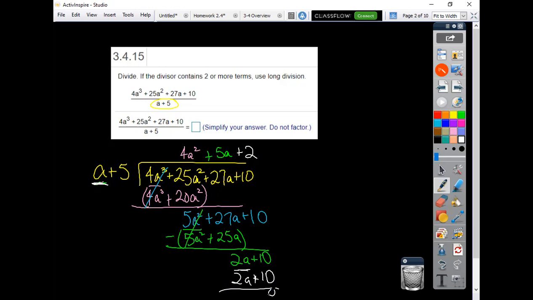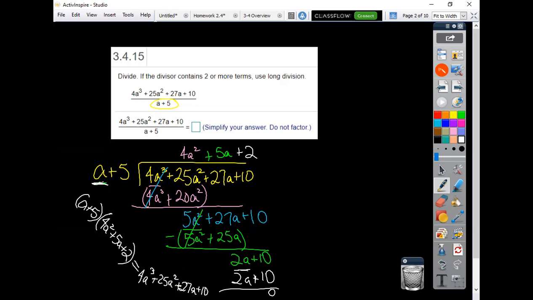So for this problem, we could write an equation that would say a plus 5 times the 4a squared plus 5a plus 2 should equal exactly what we started with, the 4a cubed plus 25a squared plus 27a plus 10.